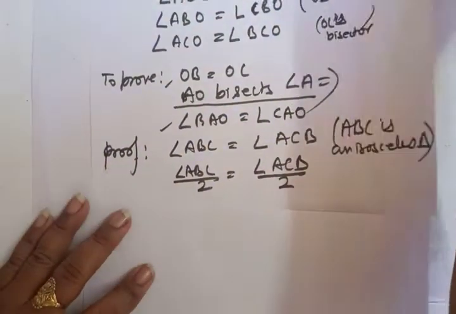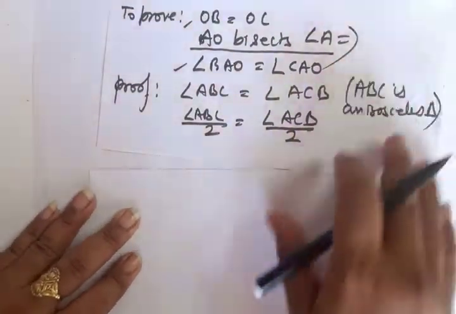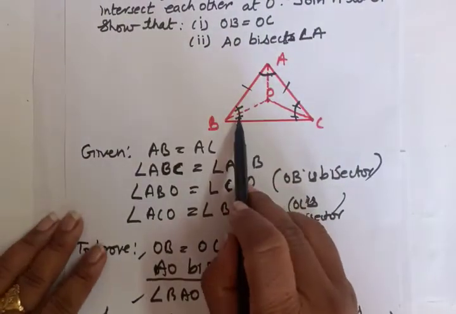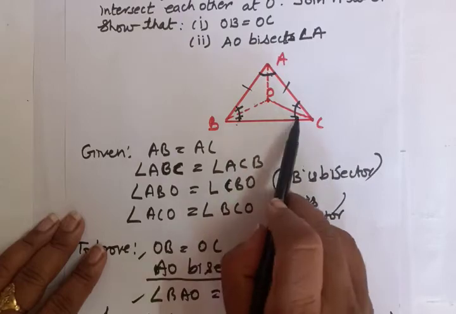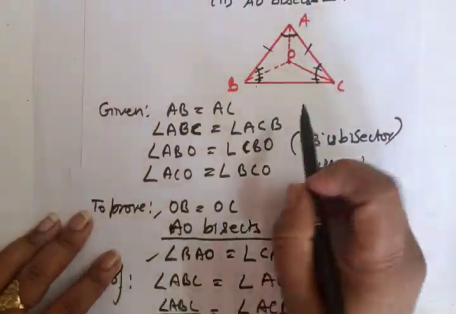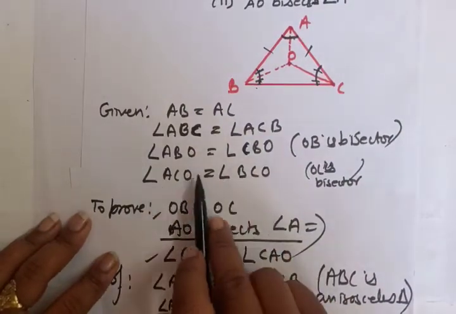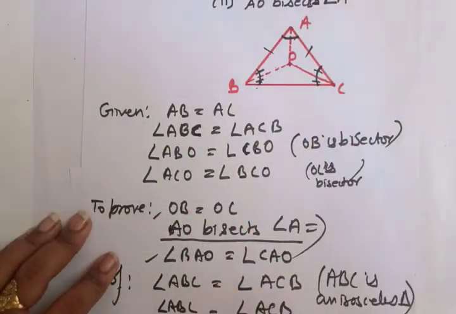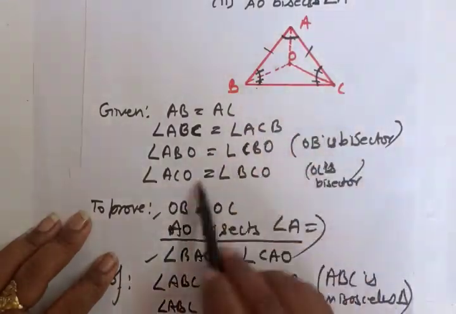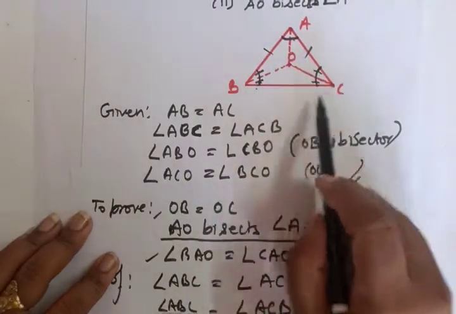And what is the half of this angle? That we have already explained. It means half of this angle is also equal to this angle. We can also write directly beta, because we have already explained in the given that angle ACO is equal to angle BCO.